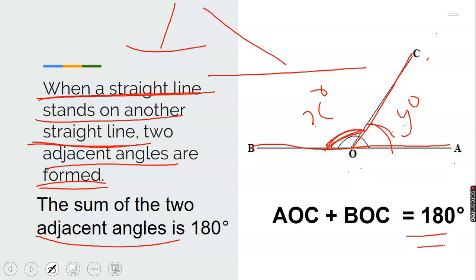That is a law or rule: the sum of the two adjacent angles is 180 degrees. That is, when you add BOC, which is X, and COA or AOC, which is Y, the sum will give you 180 degrees.